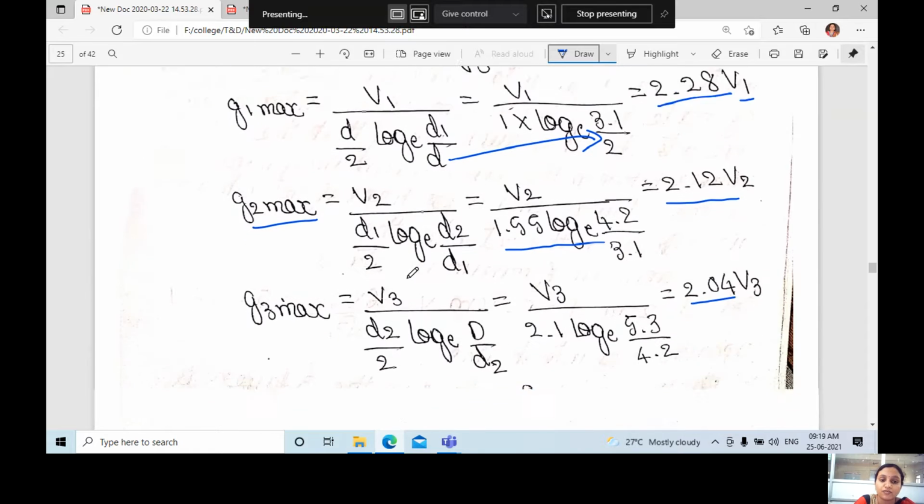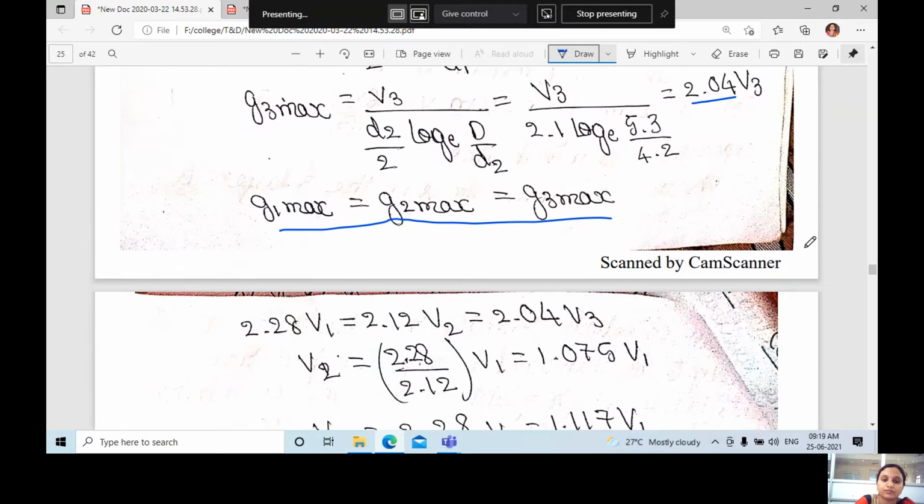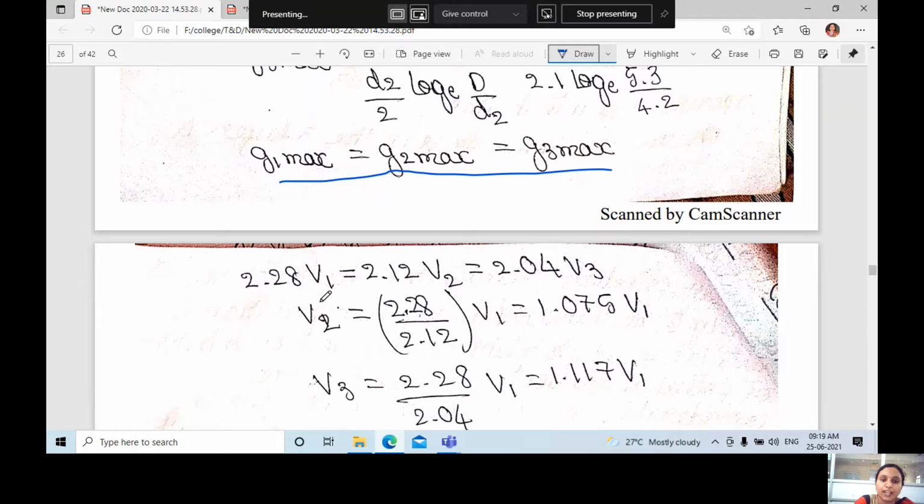For G1 max, G2 max, G3 max, there is a condition that G1 max is equal to G2 max is equal to G3 max. Equating these three, we get 2.28 V1 is equal to 2.12 V2 is equal to 2.04 V3.